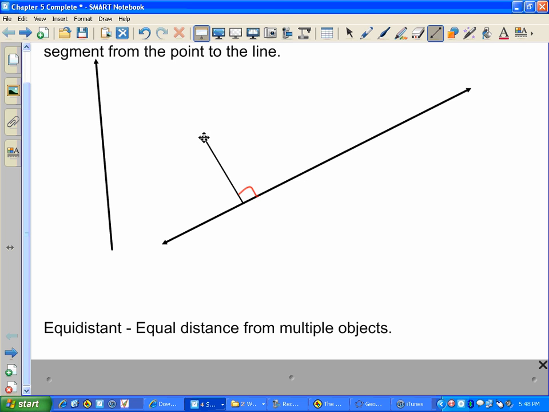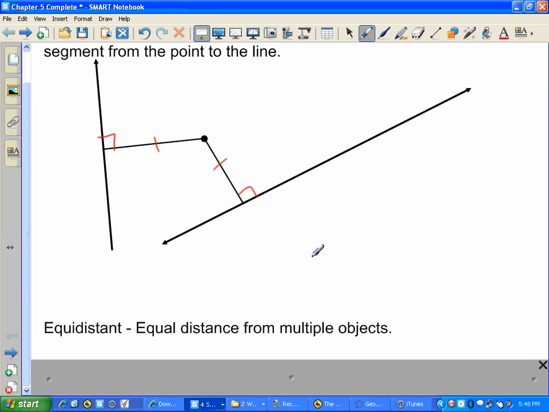If this point's going to be equidistant from those two things, then the length of this perpendicular segment would have to be the same as the length of this other perpendicular segment. So if these were the same, this point would be equidistant from this ray and this line, because it's the same distance away from the two objects.